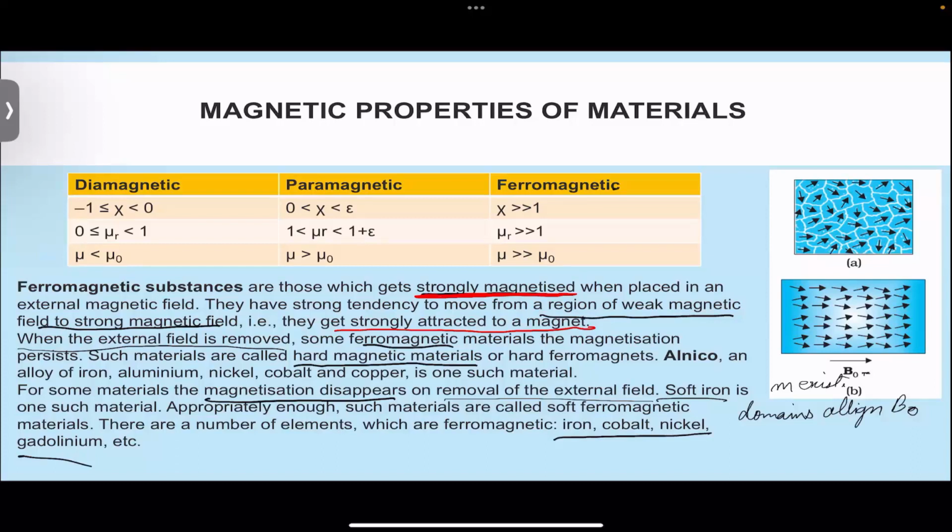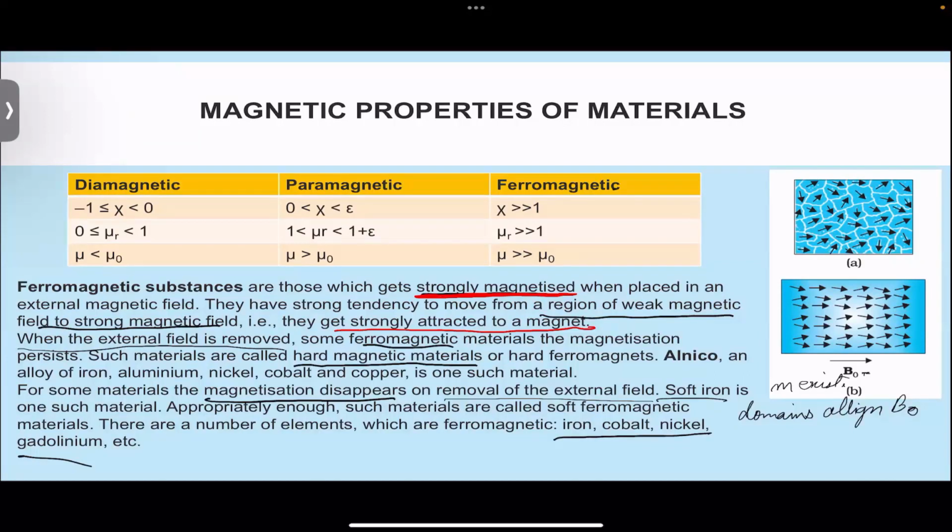So what is the reason behind this? The individual atoms, ions or molecules present in the ferromagnetic material already have a dipole moment, just like we had in the paramagnetic material.